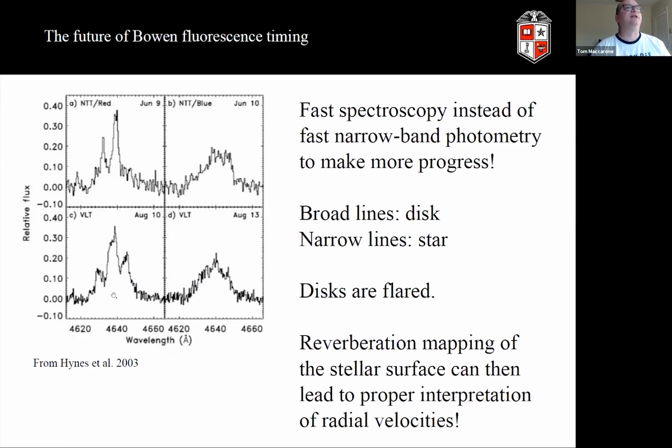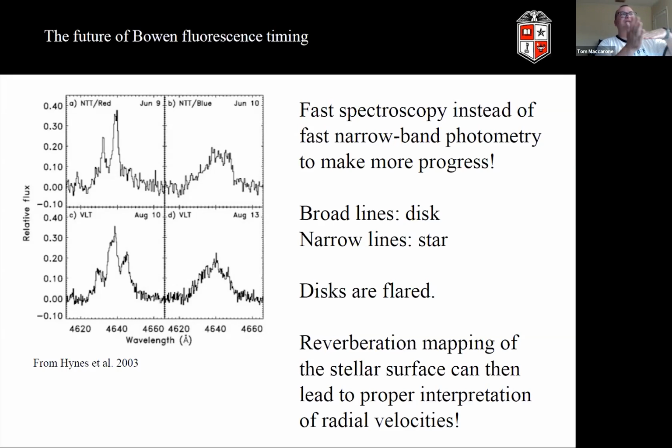Right, and so if you look at this plot here, you have the Bowen blend, and you can see narrow components and broad components. And the idea is the broad components are coming from the outer accretion disk, and the narrow components are coming from the face of the donor star. And so if you really understand everything about this with fast spectroscopy, you could do things like understand what the flaring in the outer accretion disk looks like by figuring out which parts of the donor star are being shadowed.